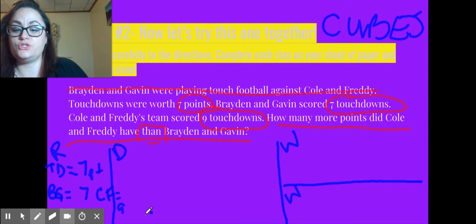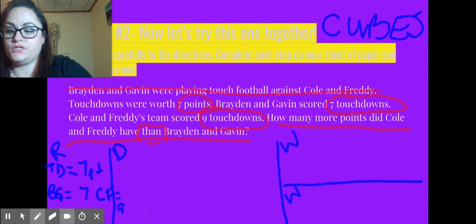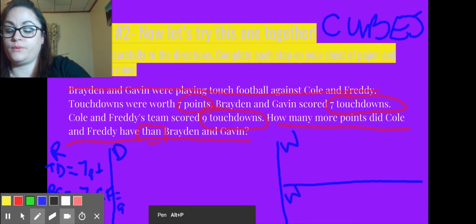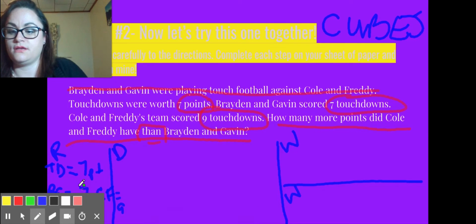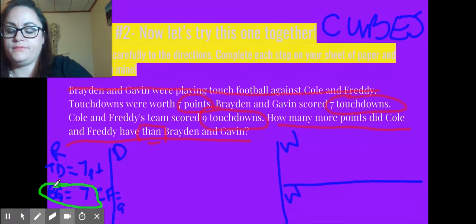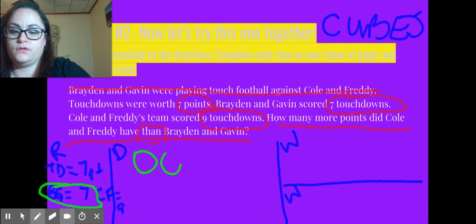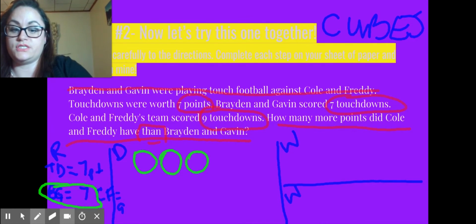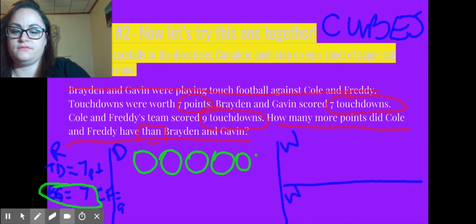Now we need to draw a picture that helps us to understand it. I'm going to use green to represent Gavin and Brayden, and I'm going to show 7 circles or touchdowns. So 1, 2, 3, 4, 5, 6, 7.